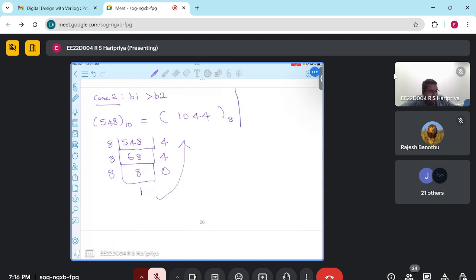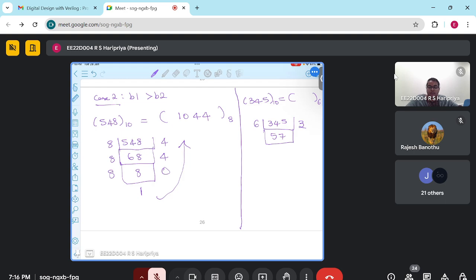Next conversion. What will be the equivalent in base 6? Any answers? So what will be the first remainder? If we divide by 6, it gives remainder 3.